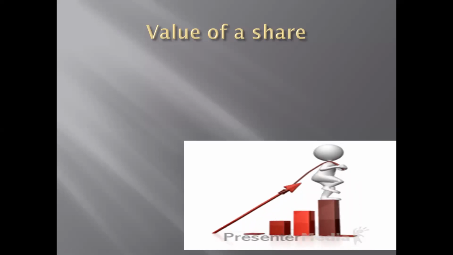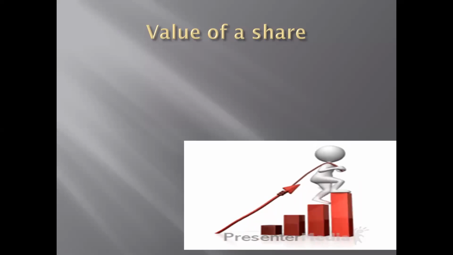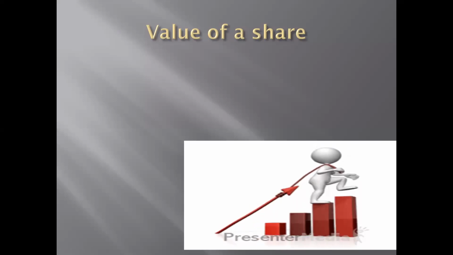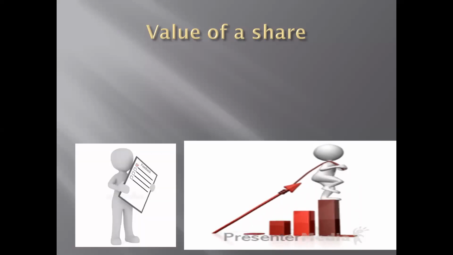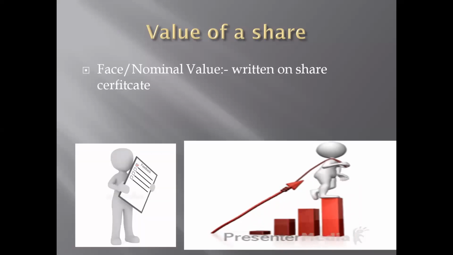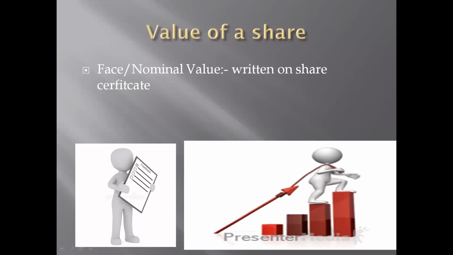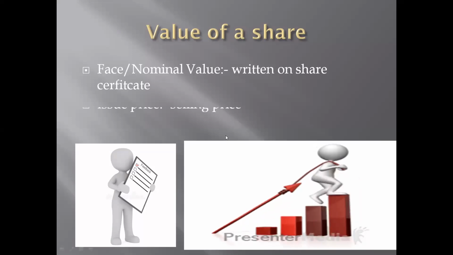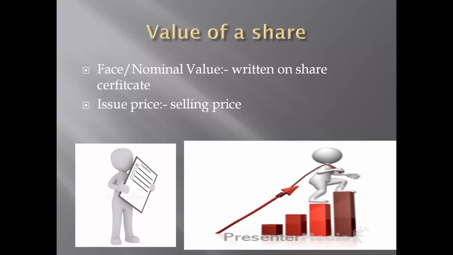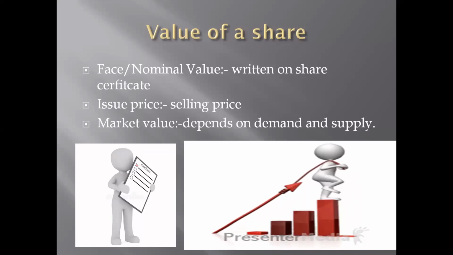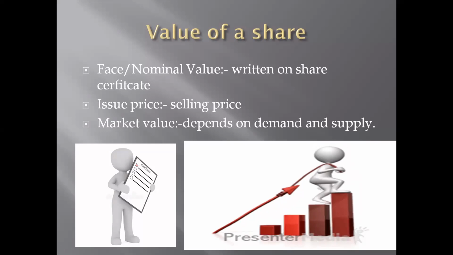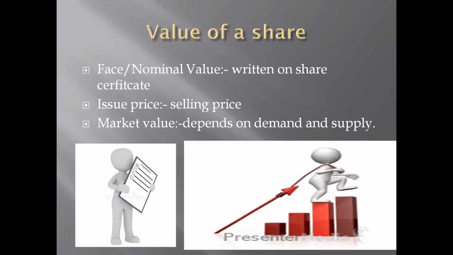When the company progresses, because of the demand and supply forces, the market price also increases. So face value means the value written on the share, issue price means the selling price of the share, and market price depends upon the demand and supply forces.